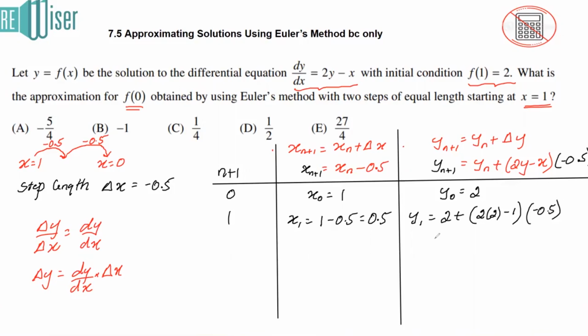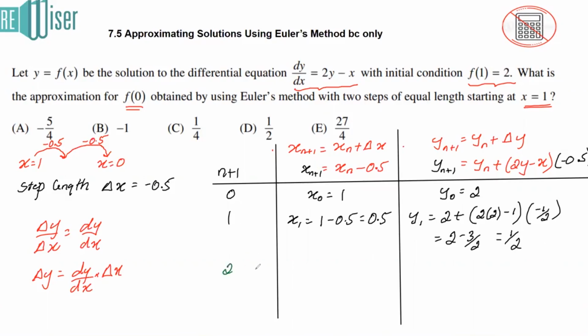If I simplify this, this is going to be 2 plus 4 minus 1, which is 3, and 3 multiplied by minus half has to be minus 3 by 2, which is going to give me the answer as just positive half. So that clearly tells me that when x is 0.5, y is positive half.